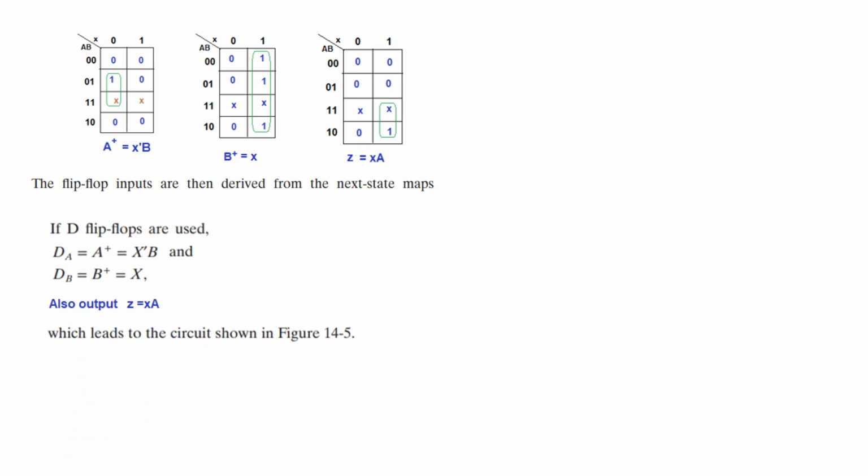Okay. Now we are using D flip-flops, and I hope you know that D flip-flop has only one input, one output, and the A flip-flop will be now called DA, where D is the type of flip-flop and A the output, which is actually equal to A plus, that is equal to X dash B. And similarly DB is B plus, which is X, and the output we can write Z is equal to XA.